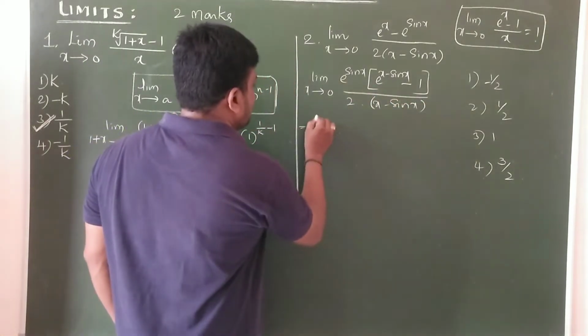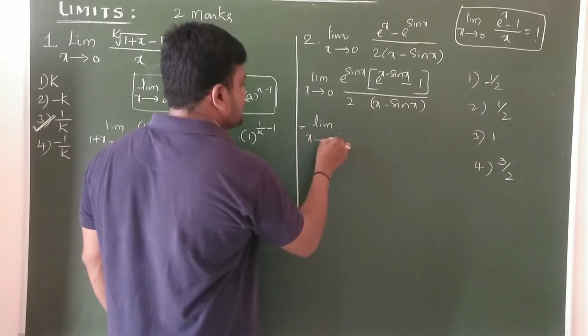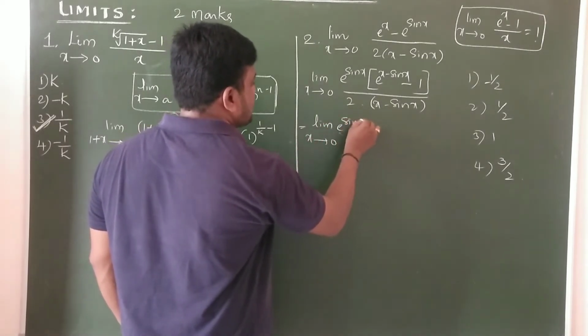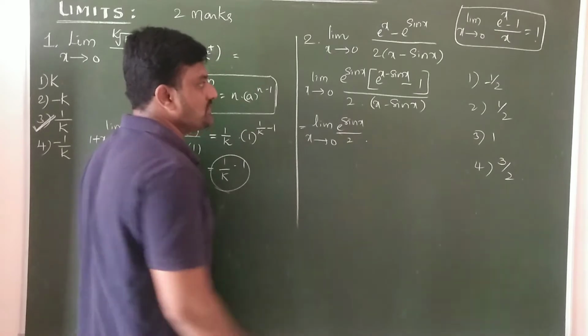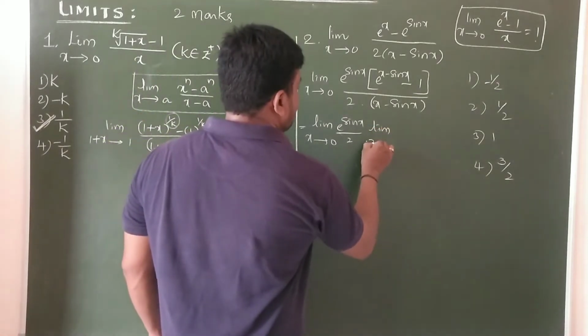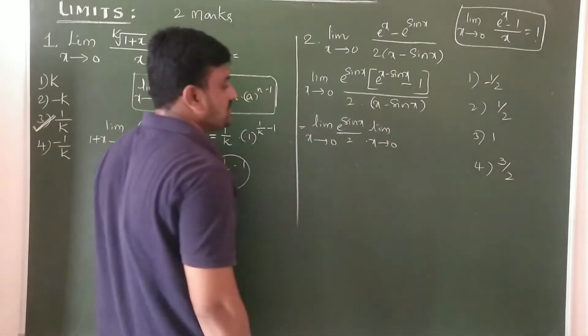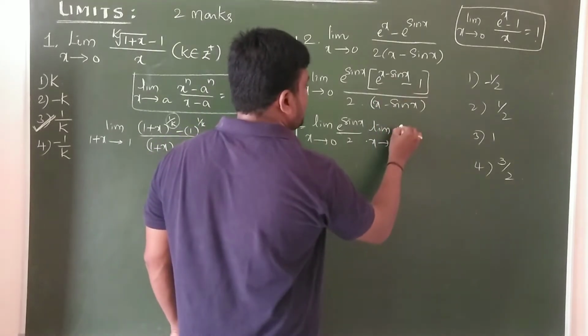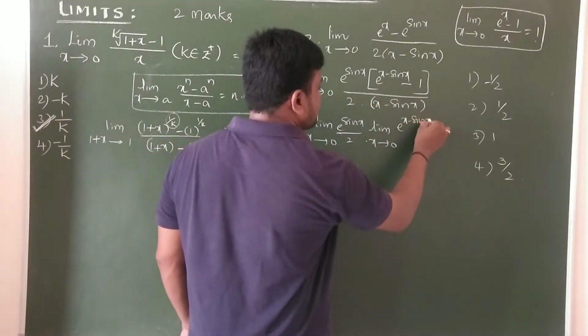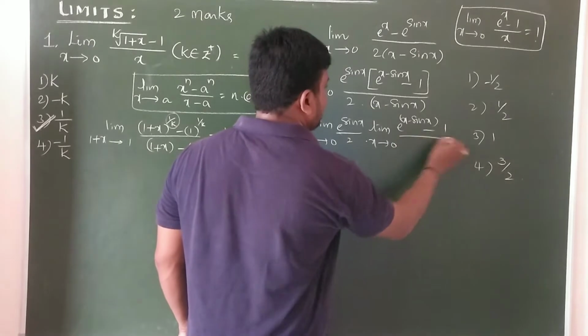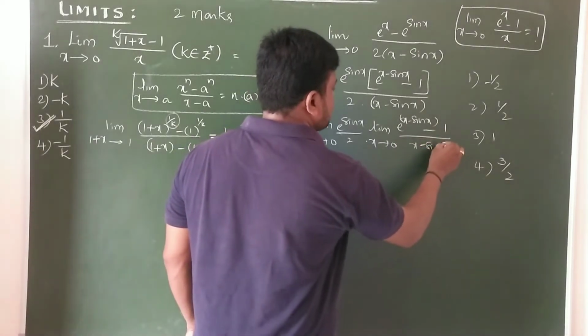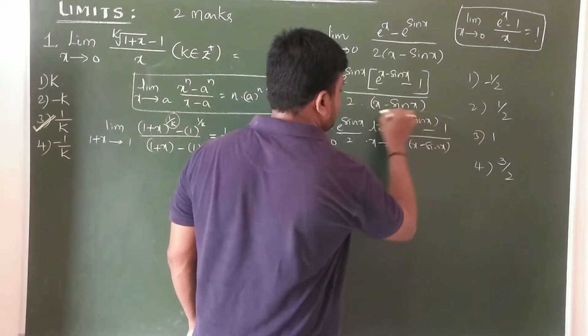Now writing separately, limit x tends to 0, e power sin x, 2 is a constant, leave that, and also applying this one, limit x tends to 0 of the function e power x minus sin x minus 1 by x minus sin x. Observe it.